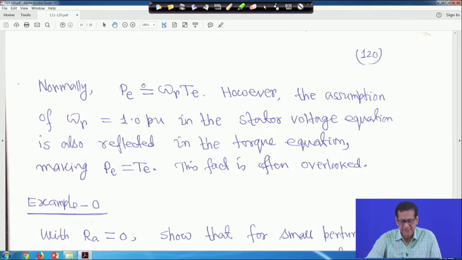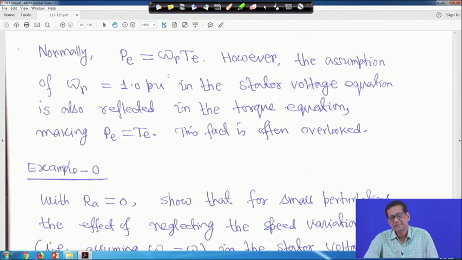We know the relationship normally that power is equal to angular speed into torque, therefore P is equal to omega r into Te. However, the assumption of omega r equal to 1.0 per unit in the stator voltage equation is also reflected in the torque equation, making P equal to T. This fact is often overlooked.